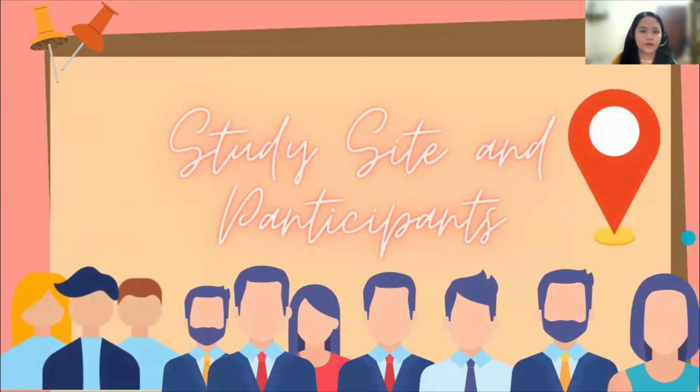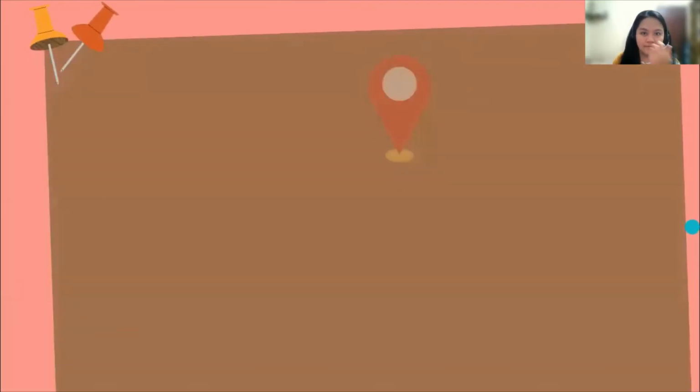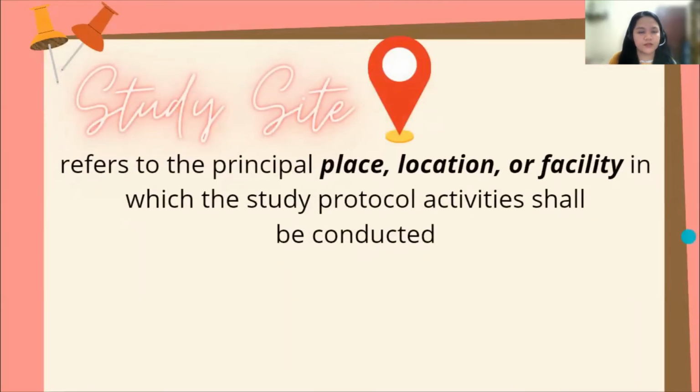Let's go to writing study site and participants. So what is study site? Study site refers to the principal place, location, or facility in which the study protocol activities shall be conducted. Saan ba ang site or saang lugar ba ikakonduct ang study mo?